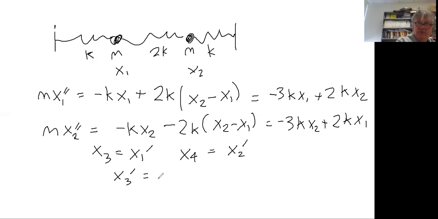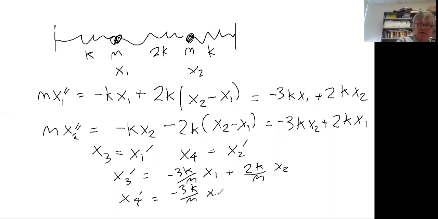We solve, what are we going to get? We're going to get minus 3k on m x1 plus 2k on m x2, and x4 prime equals minus 3k on m x2 plus 2k on m x1. So this is a four-dimensional linear homogeneous system.